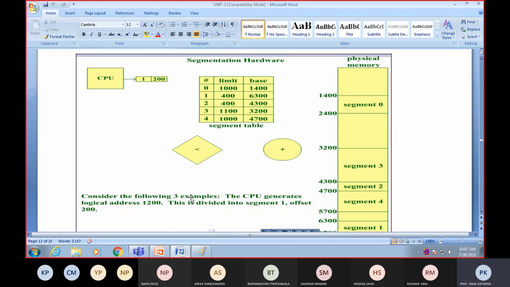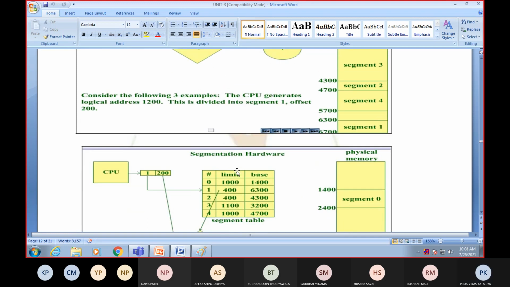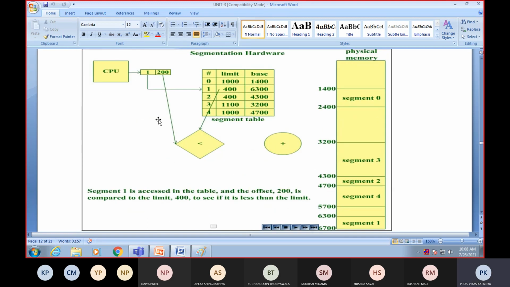Now consider the following example. The CPU generates logical address 1200. This is divided into two parts: segment number 1 and byte offset 200. Now we have to convert this logical address into a physical address, because if we get the physical address, we are able to find the 200th record in primary memory.